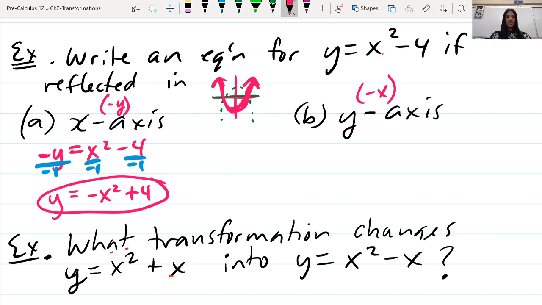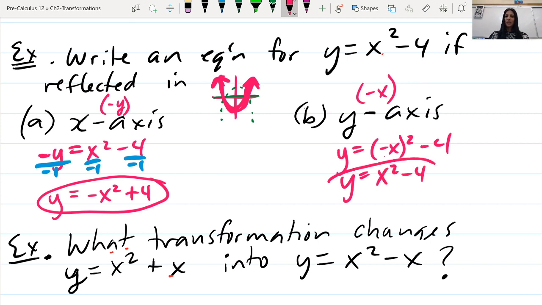So when that happens, if you think about it, I'd get y equals negative x squared minus 4, and you get to see algebraically how this thing makes sense because, look at the thick parabola, it didn't change. It stays in the same spot because this is still x squared minus 4, which looks exactly like our original equation up here. And now you get to see why algebraically that makes sense.